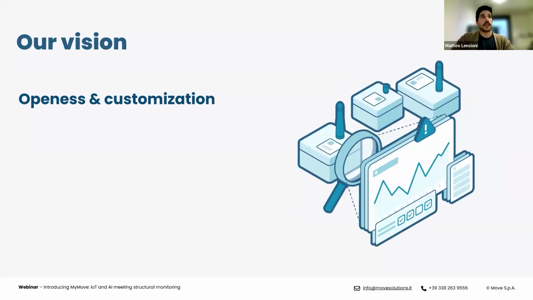The last point is, I would say, openness and customization. Openness in the sense that maybe you have the need to deploy different types of sensors on field, which comes along with needing to have all of that data in one place, because most of the time you have different sensors on field and then you have to access different platforms to look at the data.